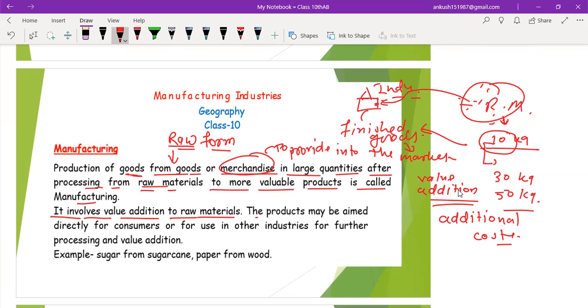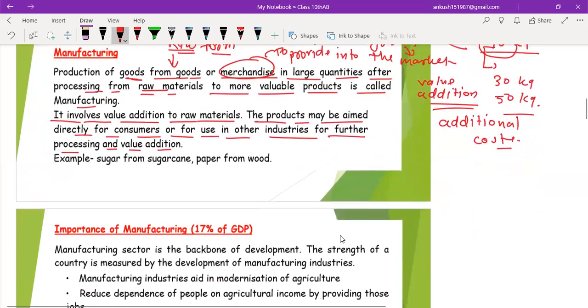Understood? The products may be aimed directly at consumers or for use in other industries for further processing and value addition. This is very, very important.